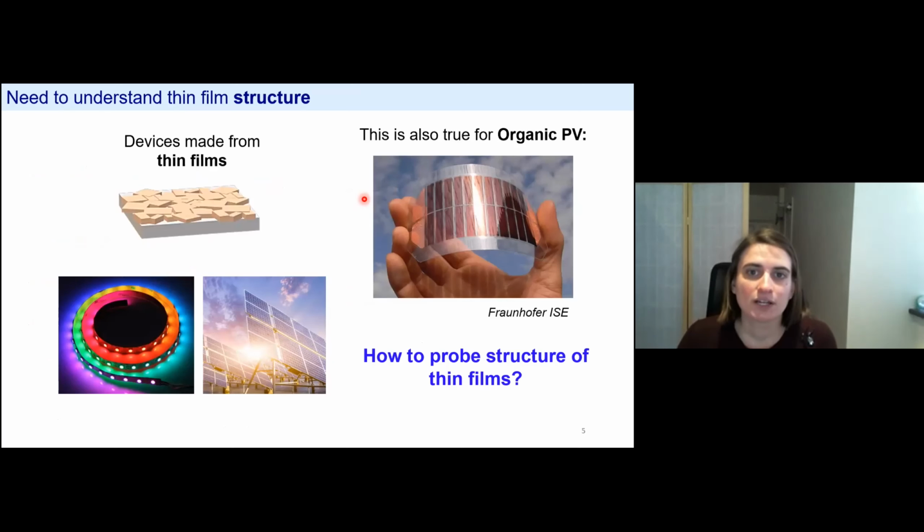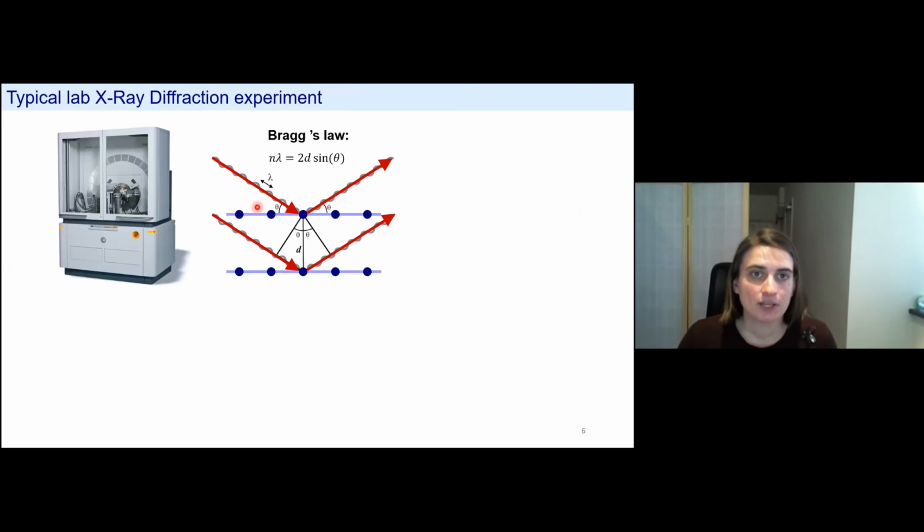So for organic photovoltaics and halide perovskites, devices usually employ thin films. This motivates us to make sure we understand the structure of these thin films really well. In a typical lab X-ray diffraction experiment, which is how materials are often characterized at the lab scale, we have the X-rays that come out and scatter off various planes according to Bragg's law, which I think probably most people are familiar with.